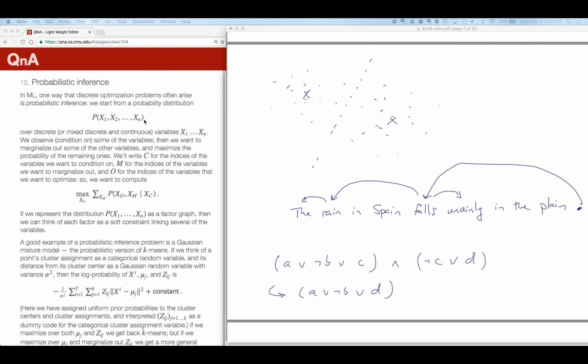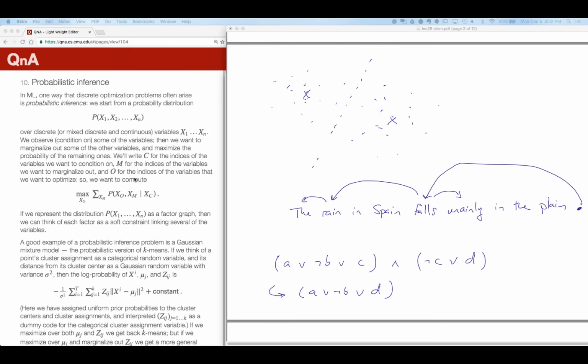Then we marginalize out some of the other variables, so M is the indices of the ones we want to get rid of, and then O for optimize is the set of variables that we want to maximize over. And so we want to max over x sub O, the sum over all values of x sub M, of the probability of x_O and x_M given x_C.